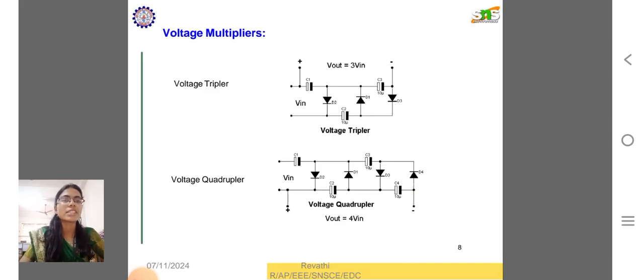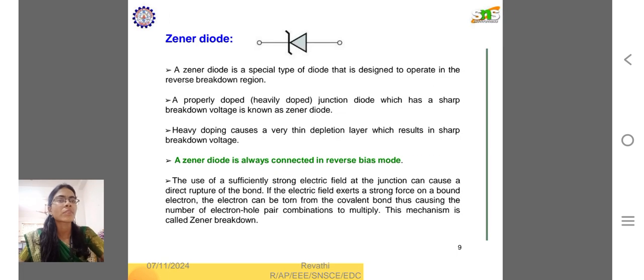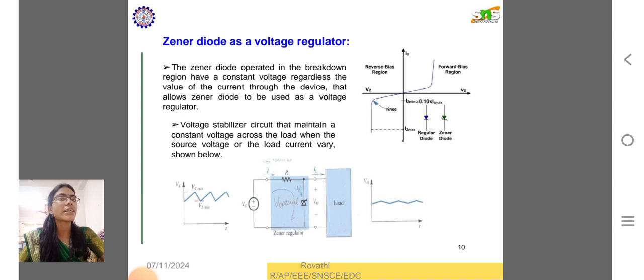The voltage tripler and voltage quadrupler are connected across the diodes: in the voltage tripler three diodes are acting, and in the voltage quadrupler four diodes are acting, facing opposite to each other. The Zener diode is a voltage regulator.